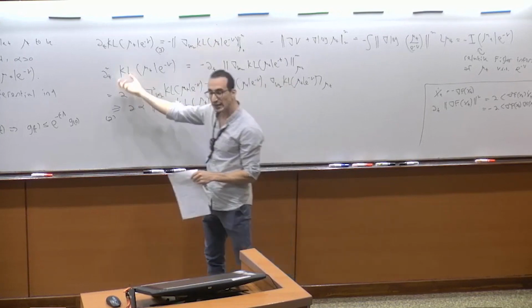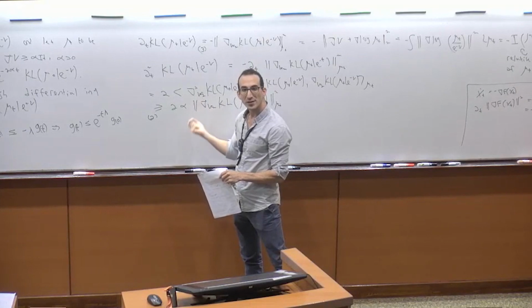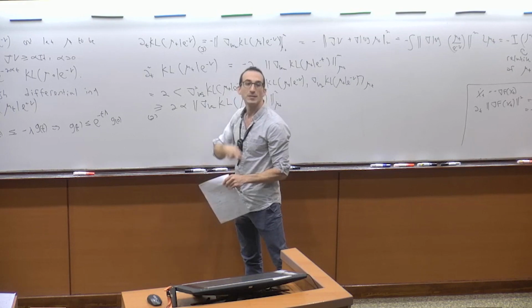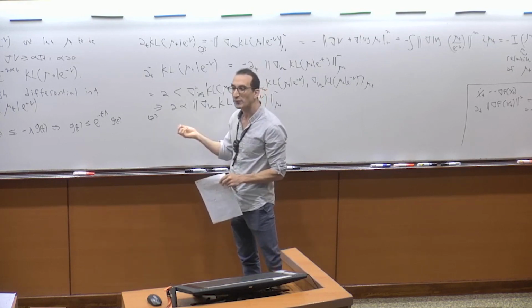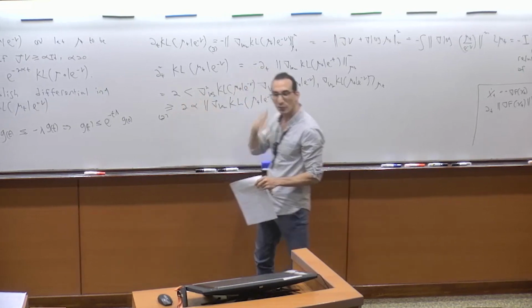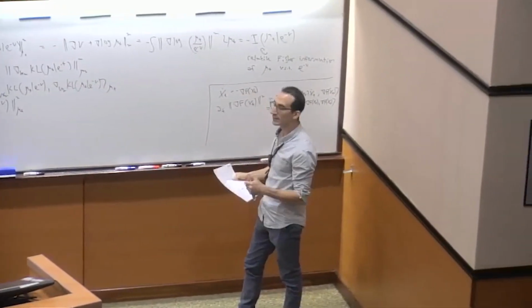So actually we did manage to get a differential inequality, but rather than for KL, we got one for partial t of KL. But that's basically just as good, because if we have a differential inequality for partial t of KL, we just integrate it out and we get what we want. That's basically the idea. So I will now show you how to do it.